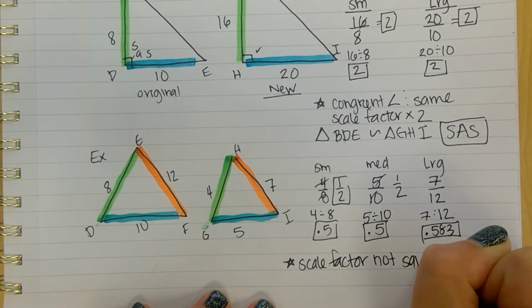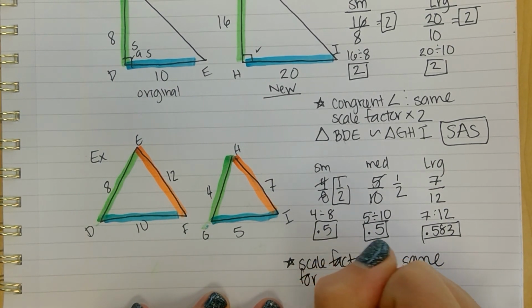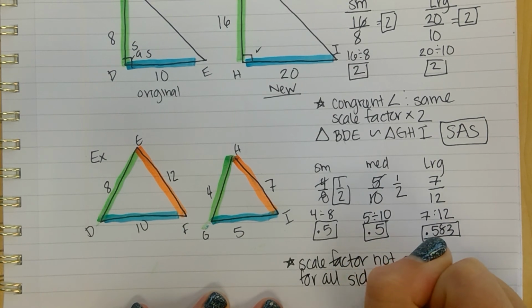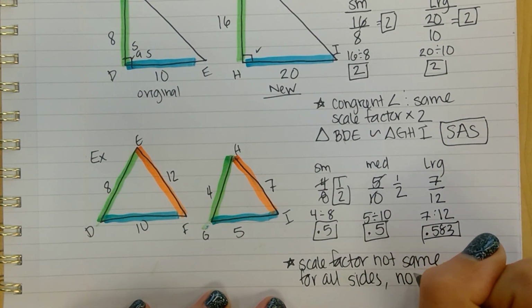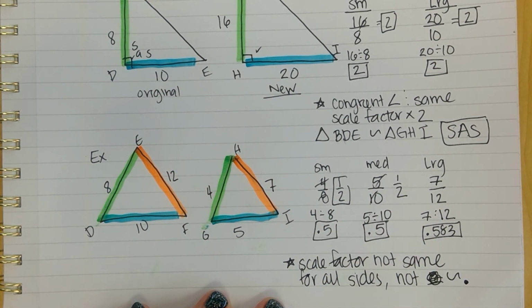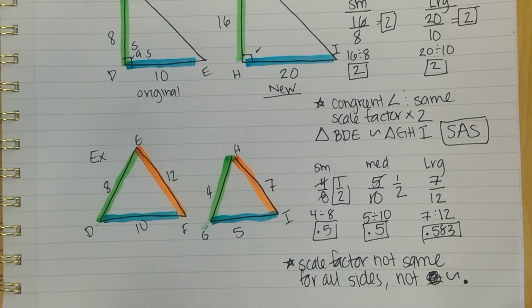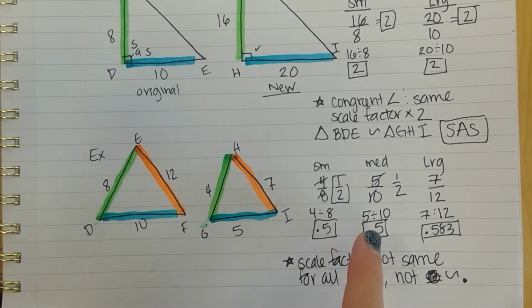So it has to be the same for all the sides. So what we can conclude is these are not congruent, or not similar. These aren't similar triangles. The only way that they're similar is if their corresponding sides reduce down to the same scale factor.